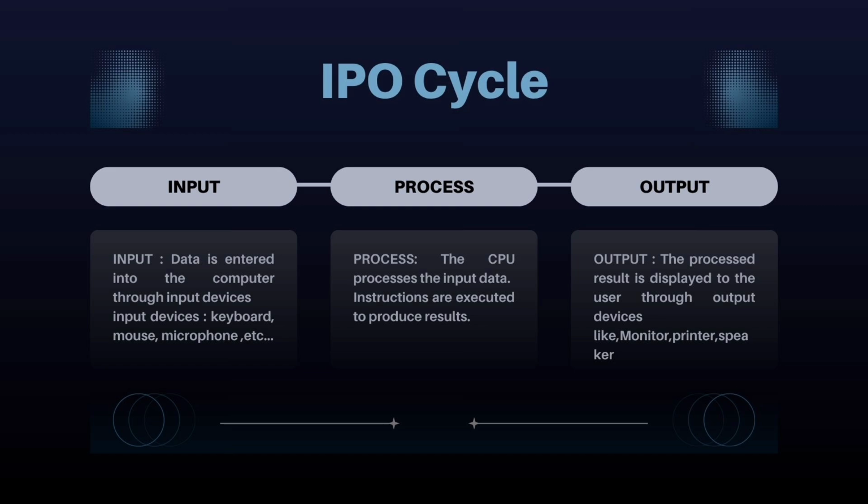During this stage, the CPU processes the input data and performs the required calculations or operations. The third stage is output. After processing, the computer displays the result through output devices such as a monitor, printer, or speaker. For example, when you type a mathematical problem in a computer, the keyboard acts as the input device, the CPU processes the calculation, and the monitor displays the answer as output.